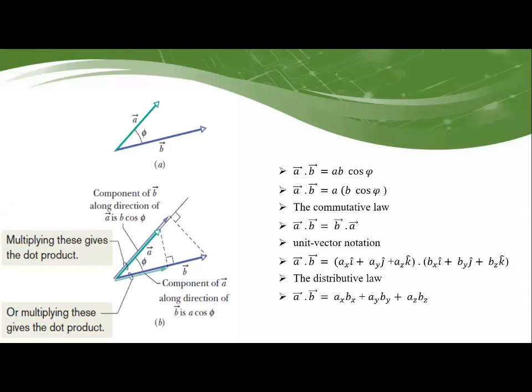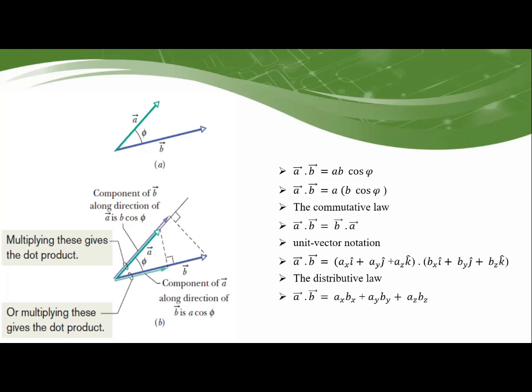The scalar product. The scalar product of the vectors A and B is written as A dot B and defined to be A dot B equals AB cosine phi, where A is the magnitude of vector A, B is the magnitude of vector B, and phi is the angle between vectors A and B, or more properly, between the directions of vector A and B. Note that there are only scalars on the right side of the equation.